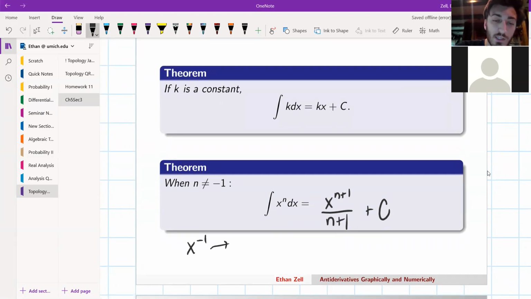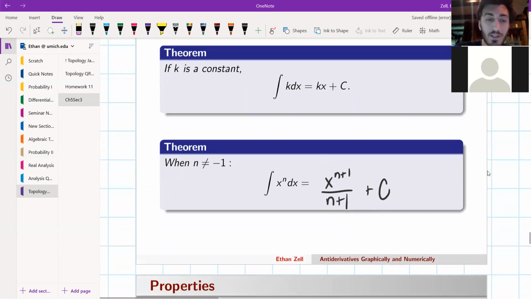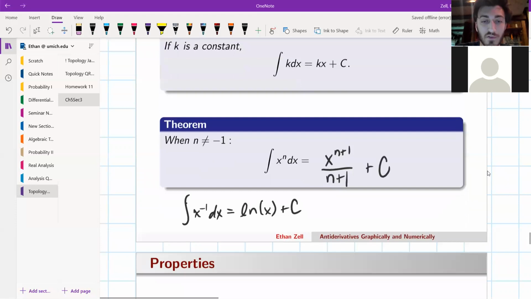Well, the power rule doesn't work the same here, because if I tried to do that, I would get x to the 0 over 0, right? And that doesn't make any sense. So I think I'll show it in a moment, but the integral of x to the -1 dx is somewhat surprisingly the natural log of x plus c. So this is going to depend on where you're looking, but I think we might have to include absolute value here.